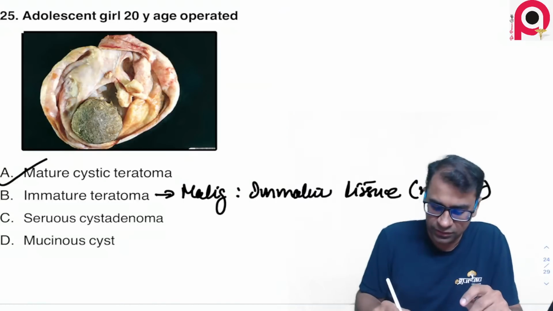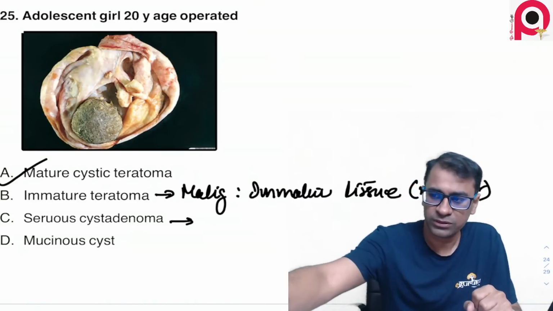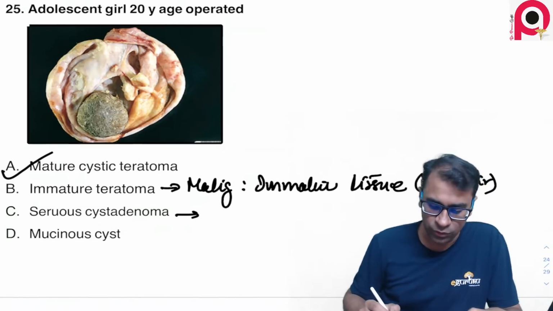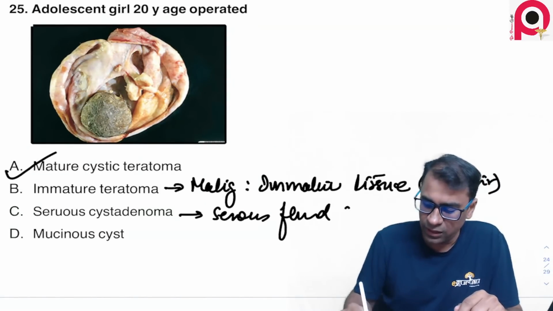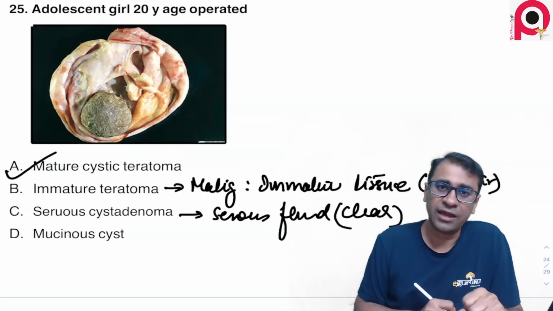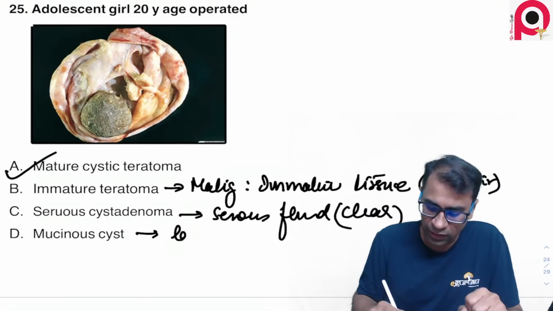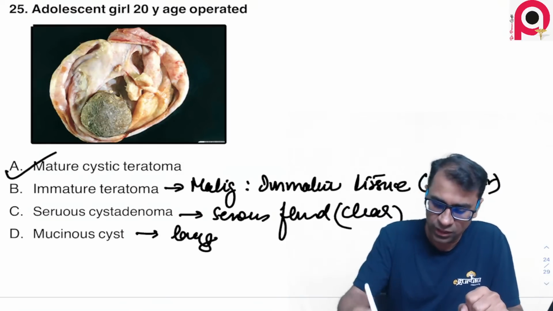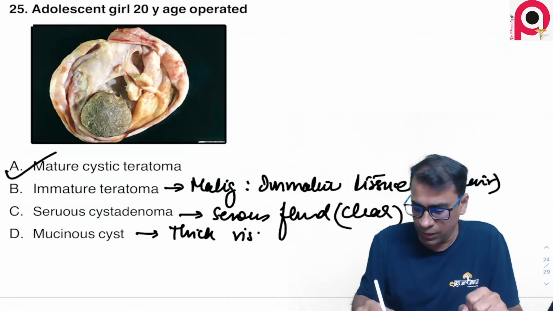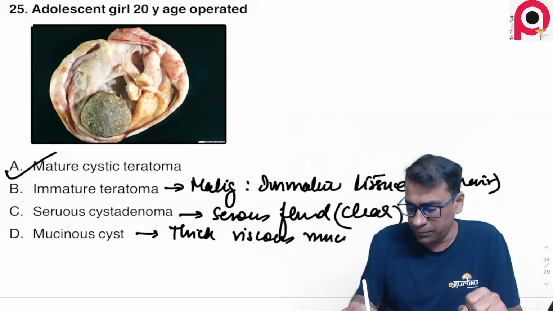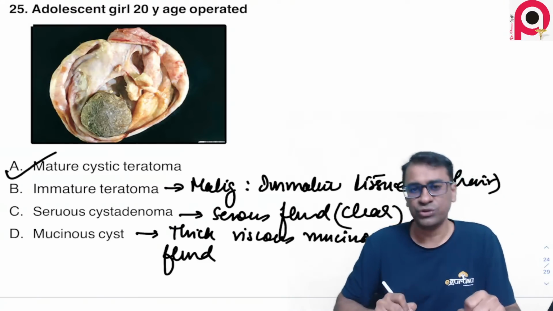Serous cystadenoma shows a serous fluid, clear serous fluid in a case of the ovarian tumor, and mucinous will show you a large, thick, viscous mucinous fluid in the mucin cavity.